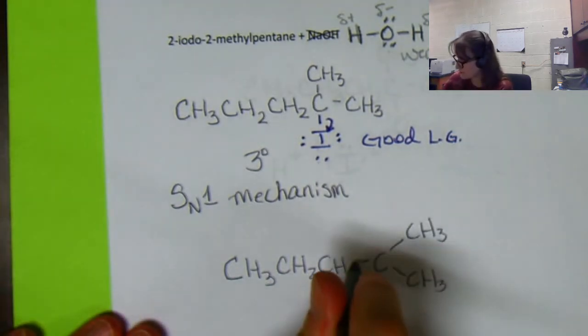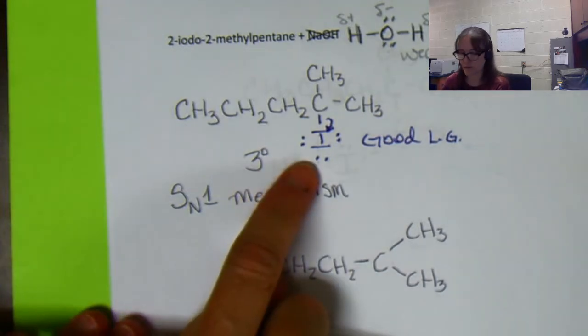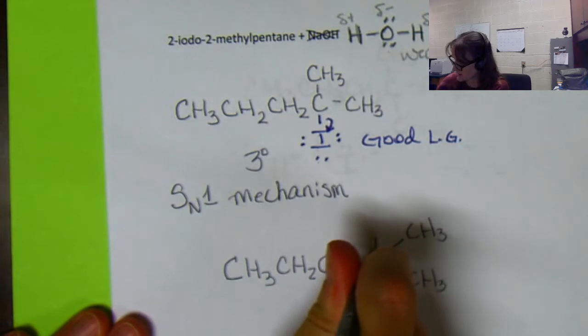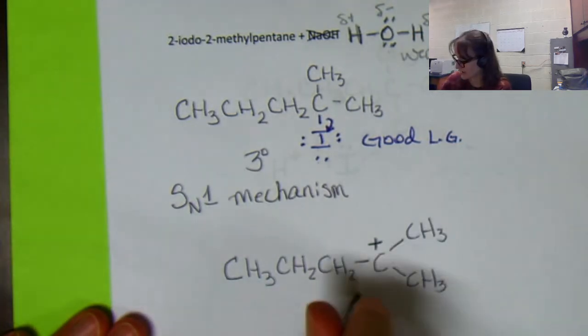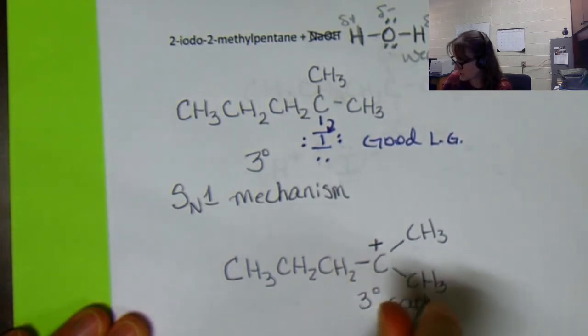Okay, so it's bonded to this carbon here. So this carbon now no longer has that fourth bond. When a carbon only has 3 bonds, it is a cation. So we form a tertiary carbocation.